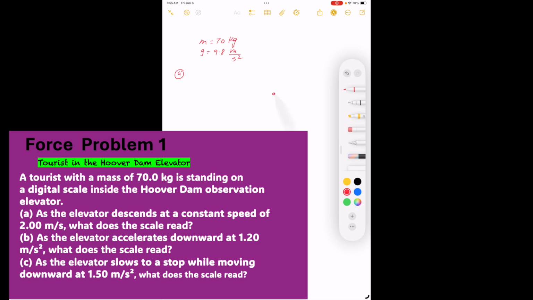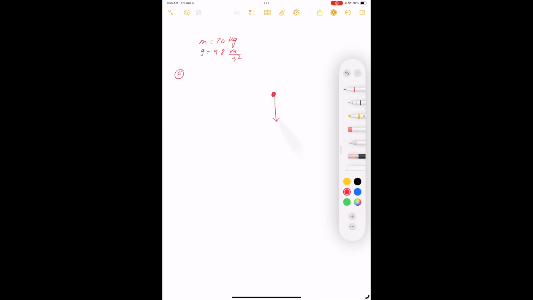The object of interest in this case is the tourist, right? The tourist's weight in the elevator is pointing downward toward the center of the earth. So the weight force exerted by earth on the tourist is W_ET.